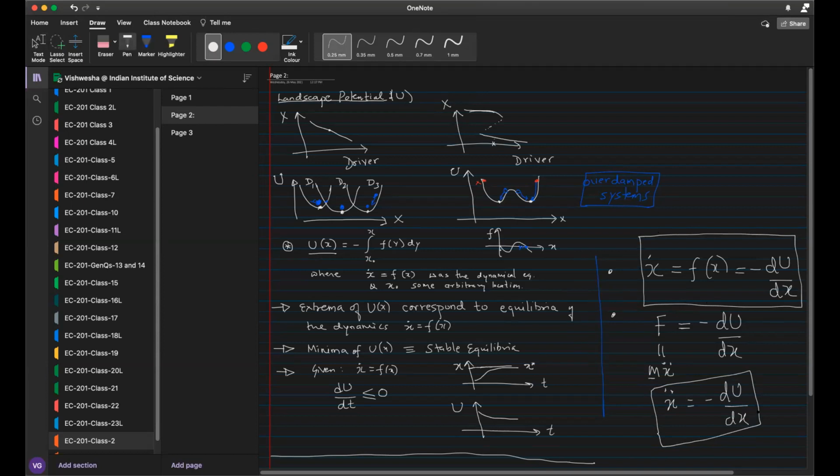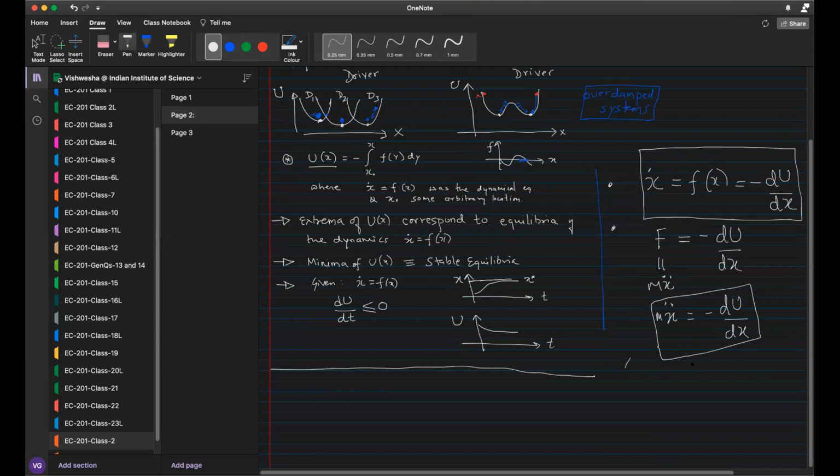Okay, let me not say m is equal to 1. Let me just keep that. What's the difference between the two? m x double dot is equal to minus du by dx is what the physical systems are doing. And these are also called conservative systems. In this system, the energy is conserved.